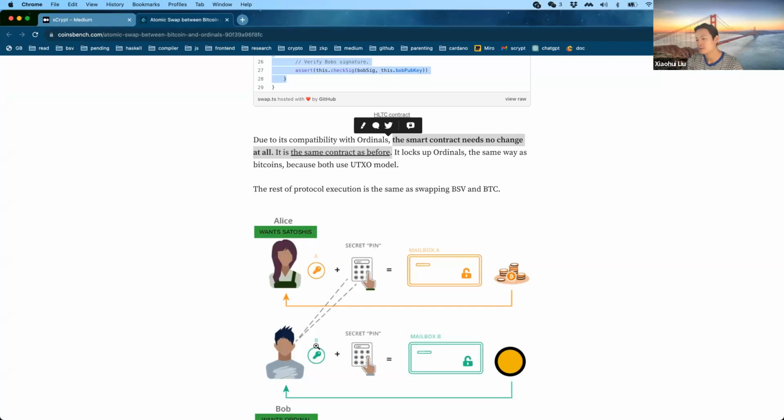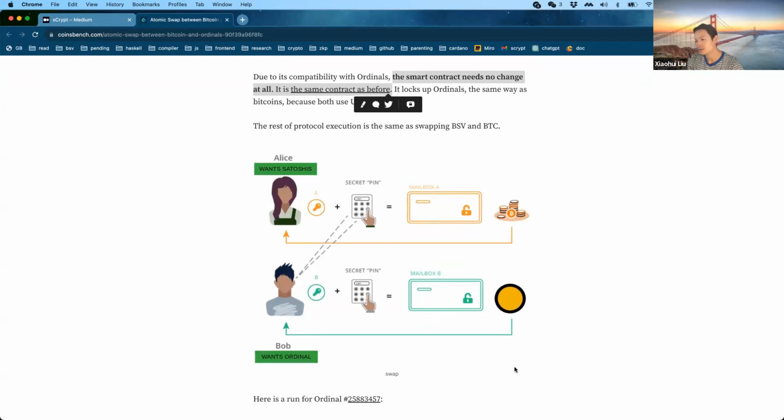After she reveals it, Bob can check the pin on chain and then open the box with Alice's ordinal in this case. So I don't understand, how do you double spend?